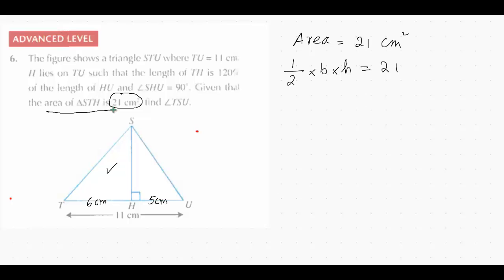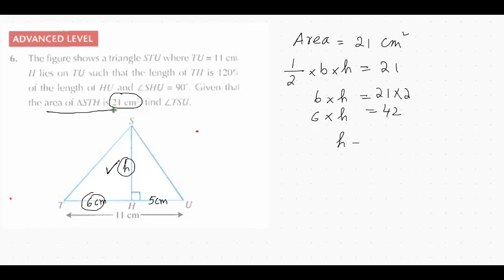If we just cross multiply, base times height is 21 times 2, that is 42, and the base of this triangle is 6, and the height is not given. We have to find height.